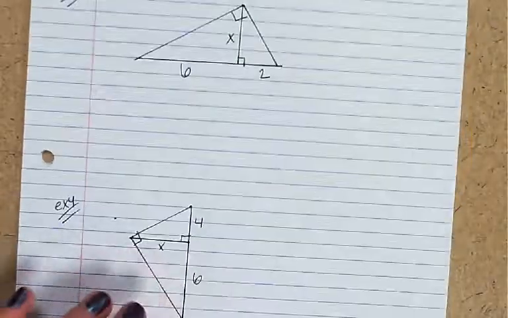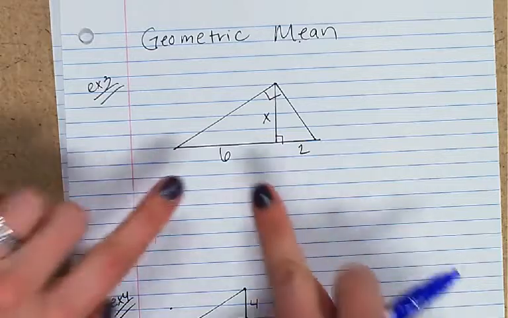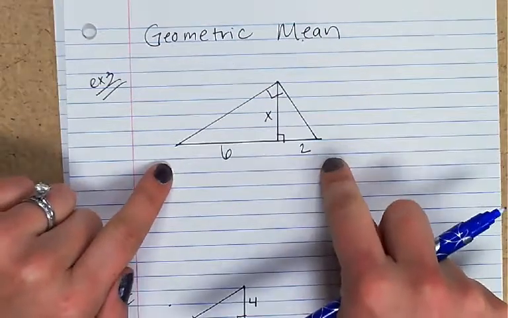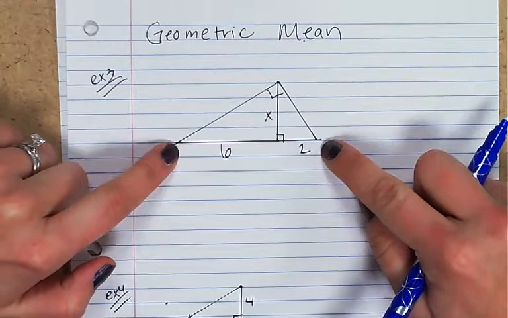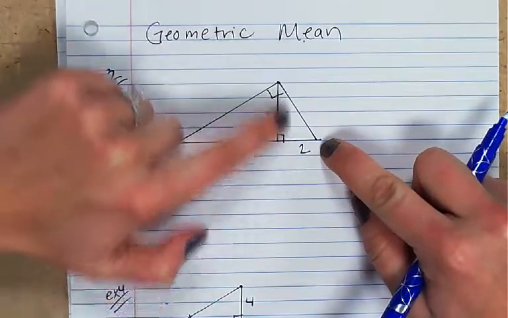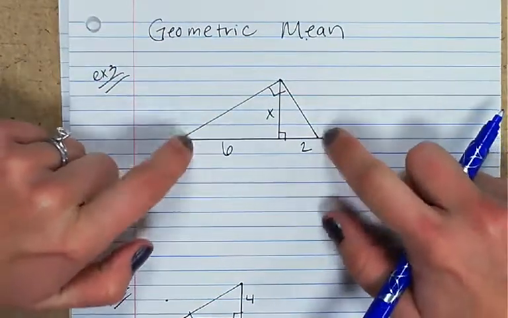The other thing they talk about in this lesson is geometric mean. We use this when you have the hypotenuse of the big triangle broken up by the altitude. It's only when you're breaking up the giant hypotenuse.